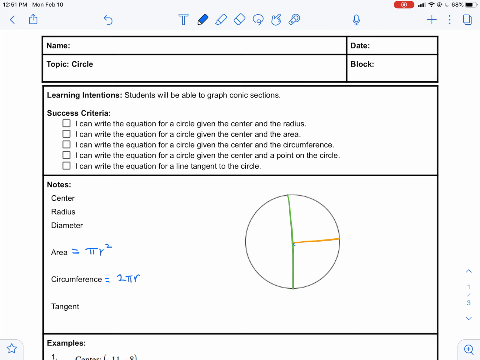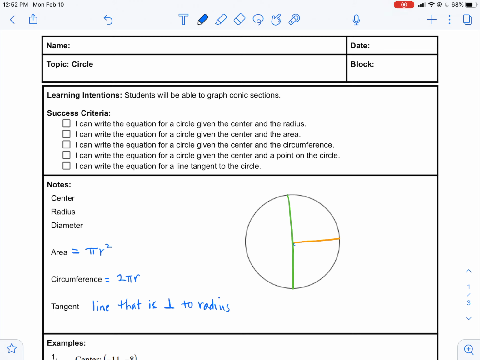And let's talk about what the tangent is. The tangent is the line that is perpendicular to your radius, okay, perpendicular to.